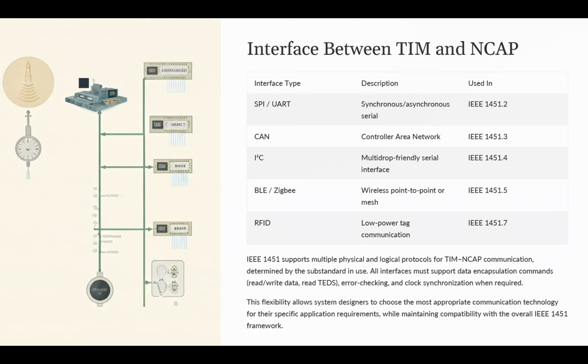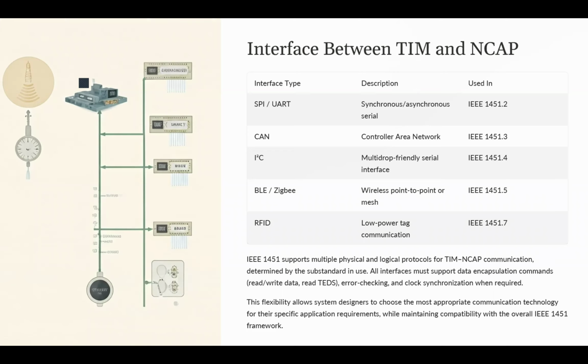In that specific part, the TIM and NCAP basically communicate using synchronous, like SPI, or asynchronous, like UART, serial lines. So it provides a low latency, point-to-point connection, which is ideal for embedded or real-time systems.